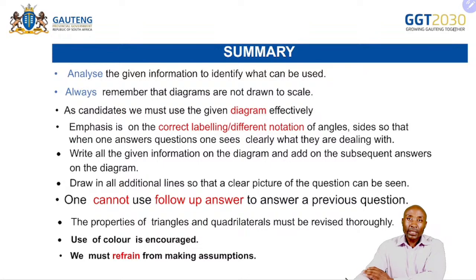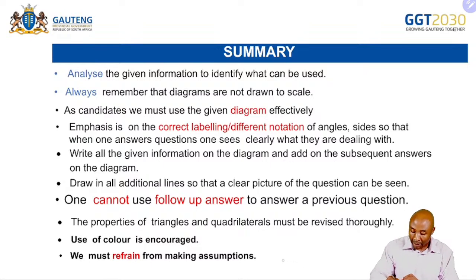If they have not said it is a midpoint, we cannot just make an assumption that it is a midpoint because it looks like it is equal distance from both sides. It has to be indicated.